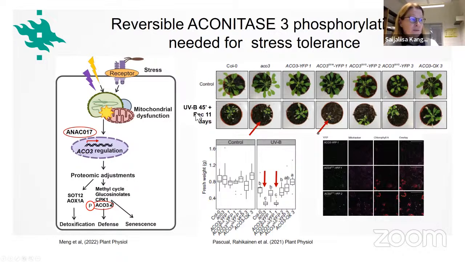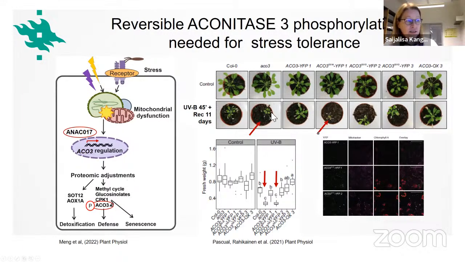But then here you see plants that were again exposed to a 45-minute UVB irradiation and then returned back to normal growth condition for 11 days to observe how they recover from this stress treatment.